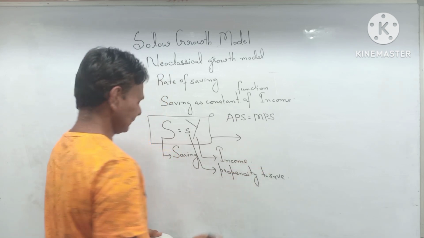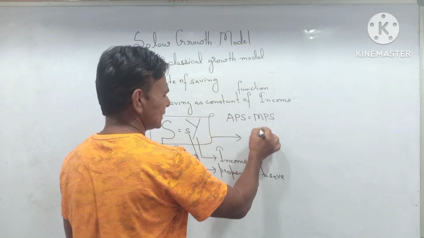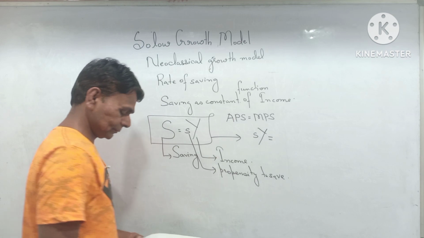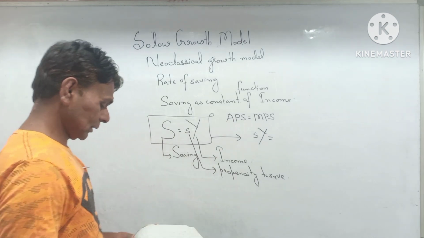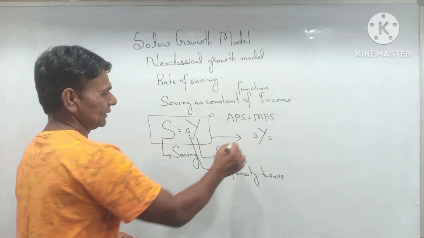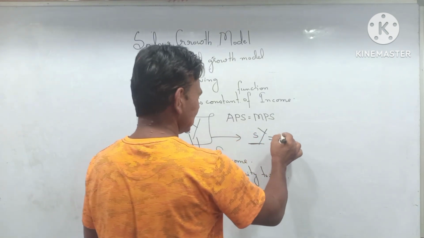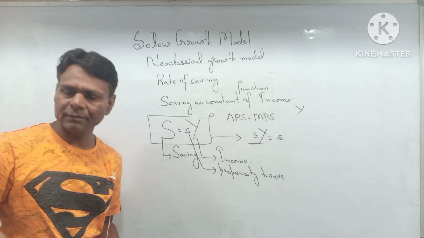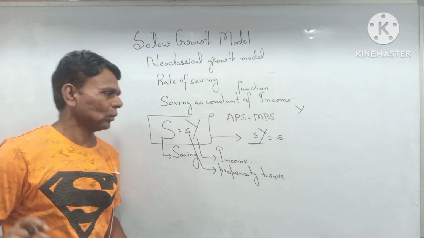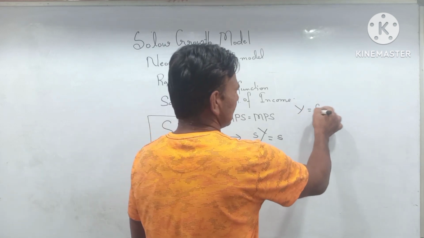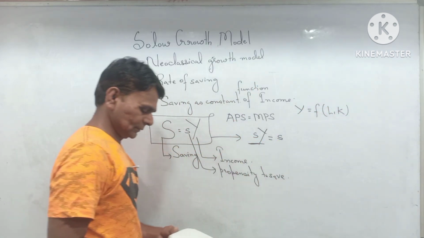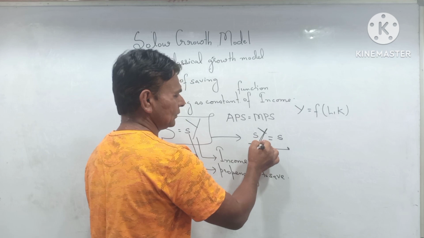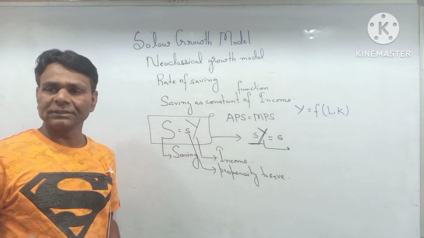Suppose it can be written as sY equals s times Y. Since national income is equal to national product, Y is a function of L and K. Y becomes national income, equal to national product, GDP.